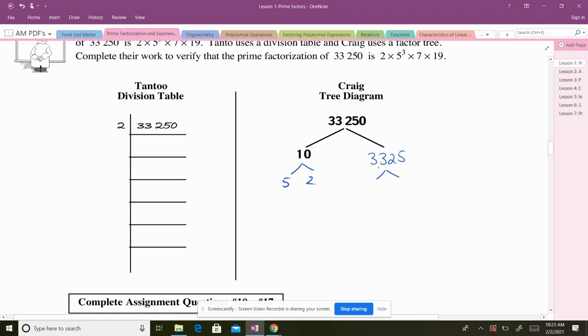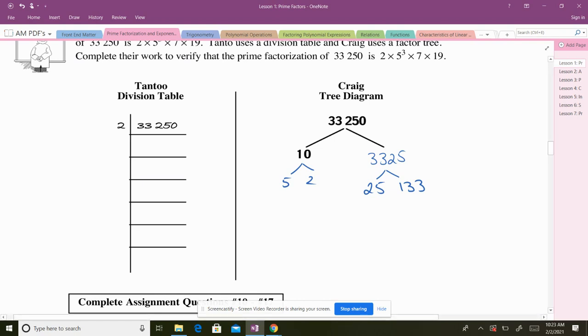All right. So if you divide 3325 by 25, what do you get? 133? Is that what you said? Make sure my math is right. Should be 133.